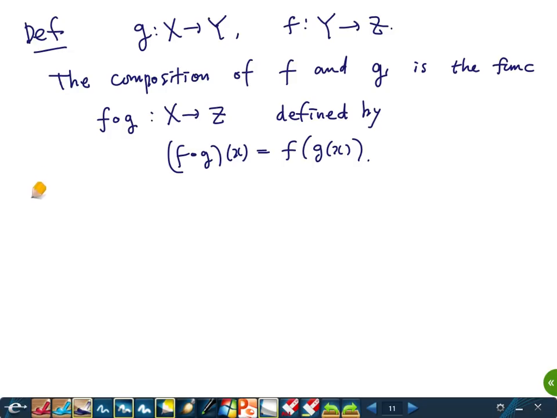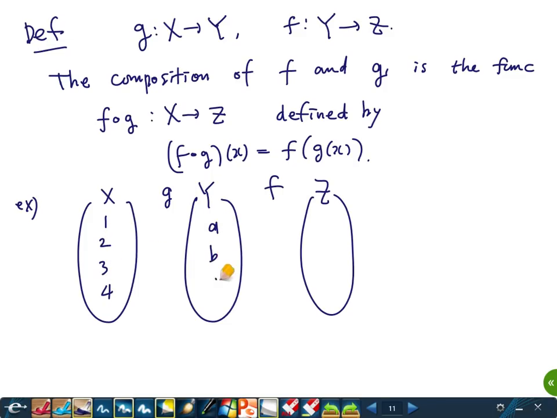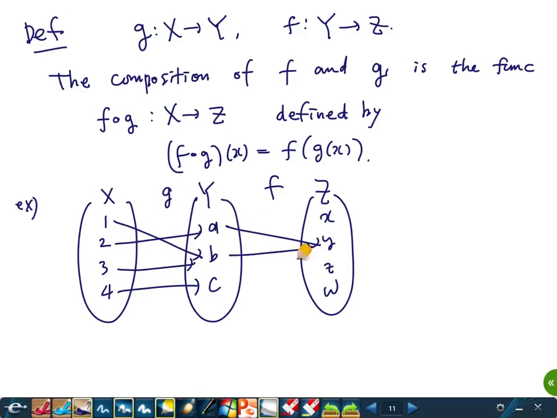So let me give you the basic underlying idea here. g is an assignment of elements from X to Y, represented by arrows from X to Y, and f is like here. To be more precise, let's say a, b, c, and x, y, z, w. I can just make arrows like this, and here, like that.